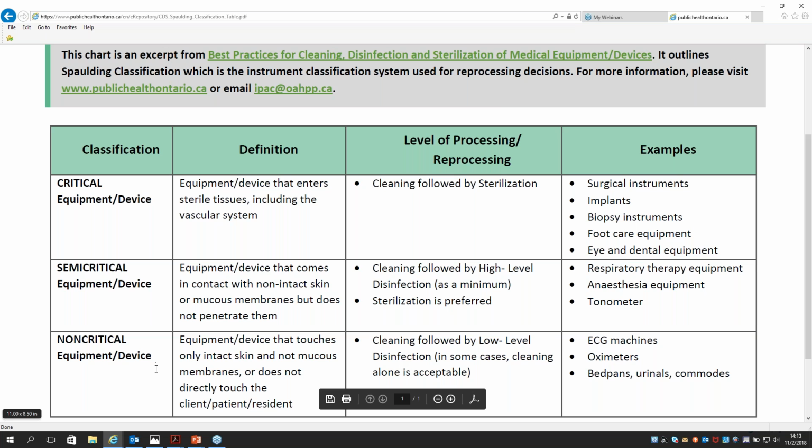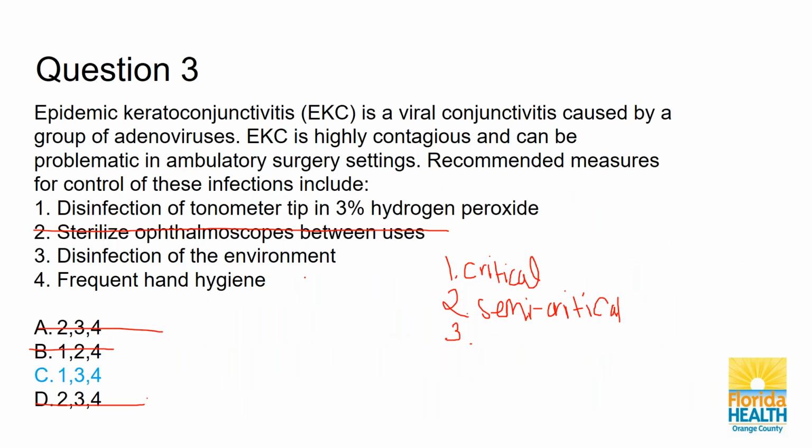And then the last one is non-critical: equipment devices that touch only intact skin and not mucous membranes, or do not directly touch the patient. These are cleaned by low-level disinfection, like EKG machines, oximeters, bedpans, urinals, and commodes. So based on that, where would ophthalmoscopes lie?